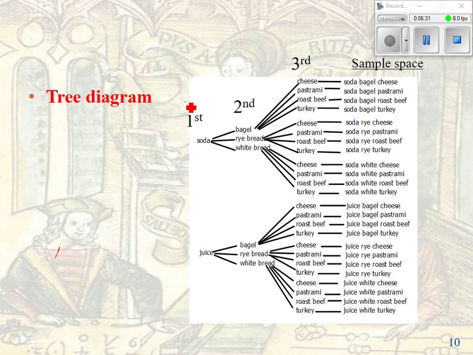That's your first thing, what drink you could pick. Then they have three choices for bread. And then it looks like they have 4 choices for their sandwiches.